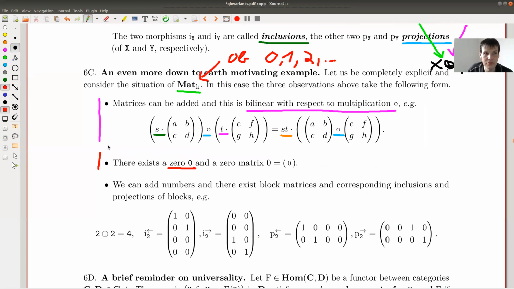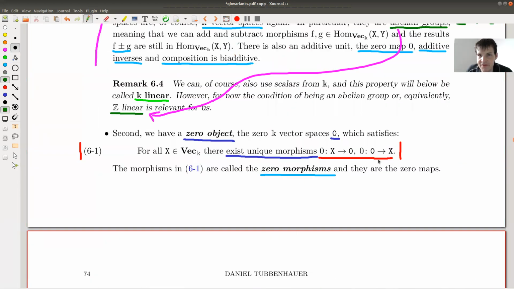There's certainly a zero number, and there's certainly a zero matrix. And the zero matrix exists, you can also have a zero column matrix, whatever, or a zero row matrix, depending which one it is, which would be the matrix from x to 0 or from 0 to x.